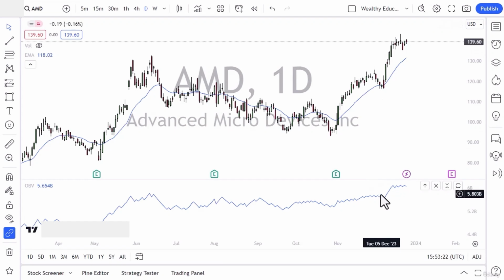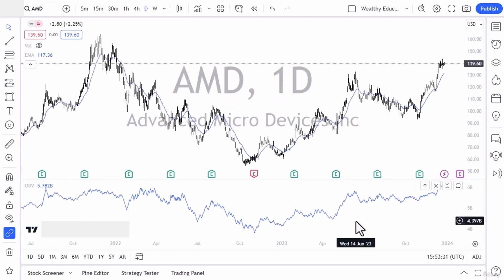I mean, it is over here, but you're looking at a difference of about 600 million shares because this is in the billions of shares. You can see the number over there. So it takes a little bit more to really get these big boys moving with that type of volume.